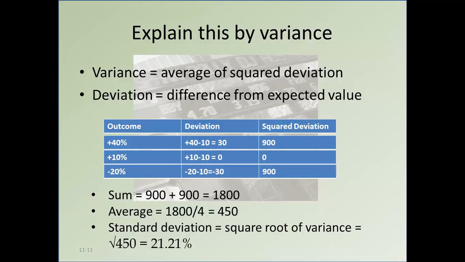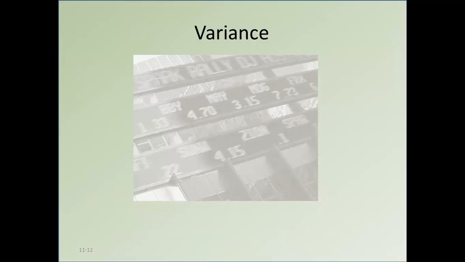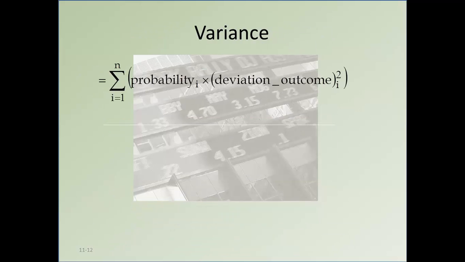So the likelihood of a 10 is high, but the likelihood of 10 plus 20 or 30% is also equally feasible, and that of 10 minus 20 or minus 10% is feasible too. So 21 is giving us a sense of dispersion around the mean. So variance is the sum, for i from 1 through n occurrences, of probability i times deviation of the outcome i squared.